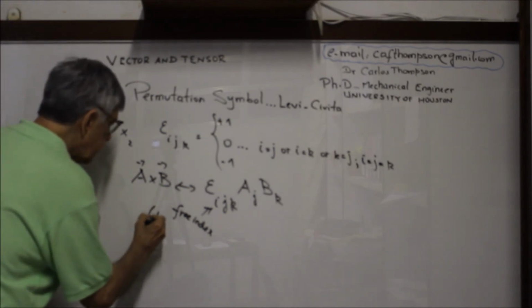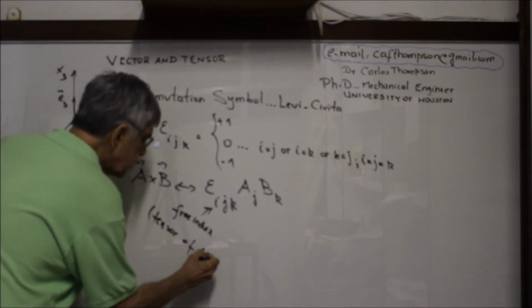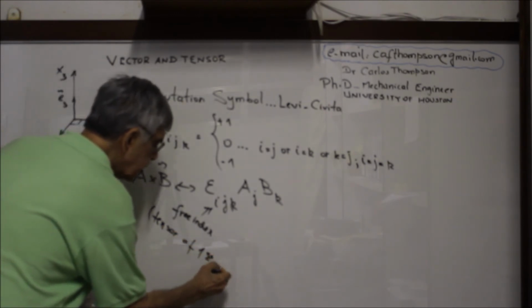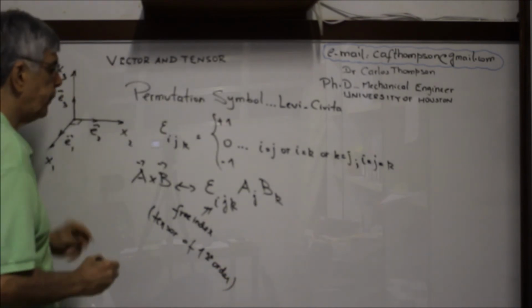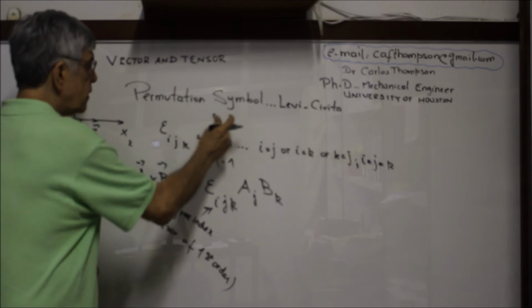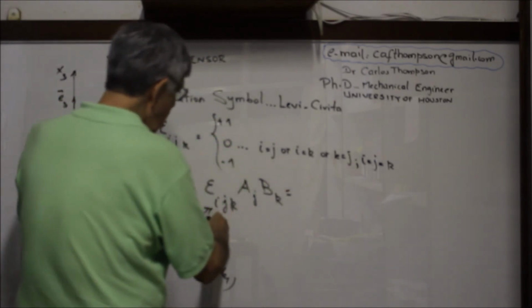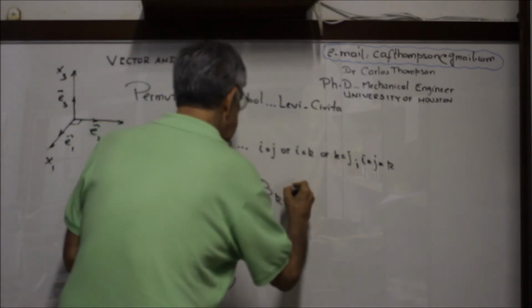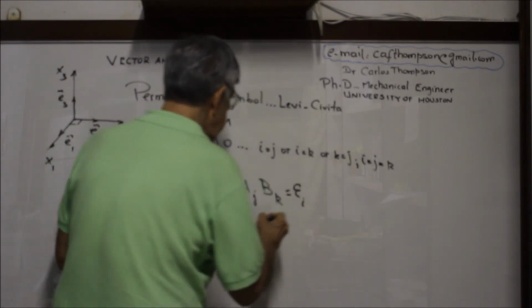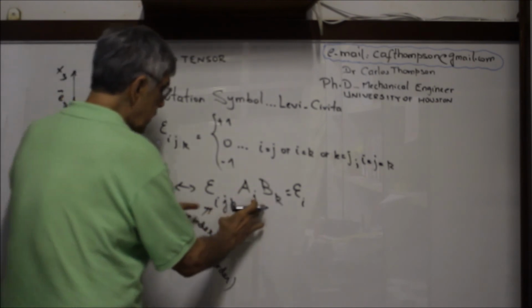Now, let's develop this according to this definition. So this is equal, for component i, epsilon ijk aj bk. I will sum first on j.